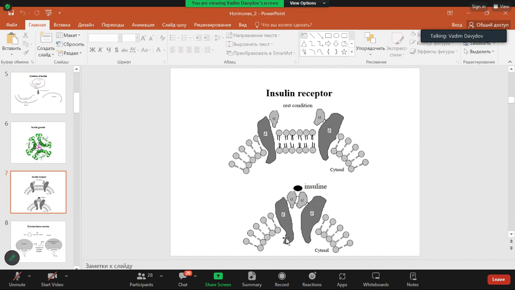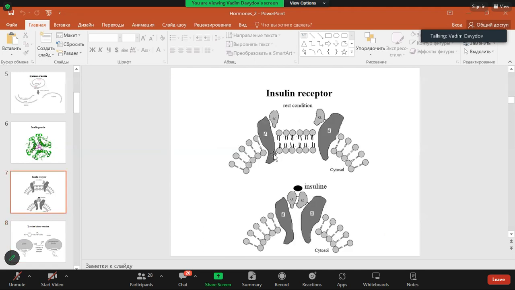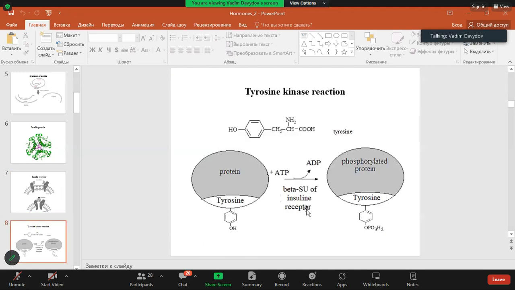The beta chain possesses catalytic properties. It possesses the activity of tyrosine kinase. So, in other words, the beta chain of the insulin receptor may catalyze the process of phosphorylation of protein. My dear colleagues, in the previous lecture we talked about protein kinases.